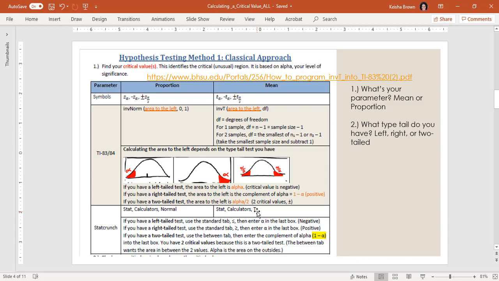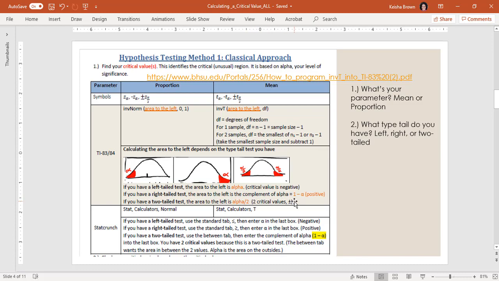You have to tell your software, whether it's the calculator or whether it's StatCrunch, what side of the graph alpha should be on. With your calculator, you do that by indicating what's the area on the left. So left tail problems, you plug in alpha exactly as it is. Right tail problems, you calculate what the area on the left is by using the complement. Two tail problems, you take alpha and you divide that value by 2.